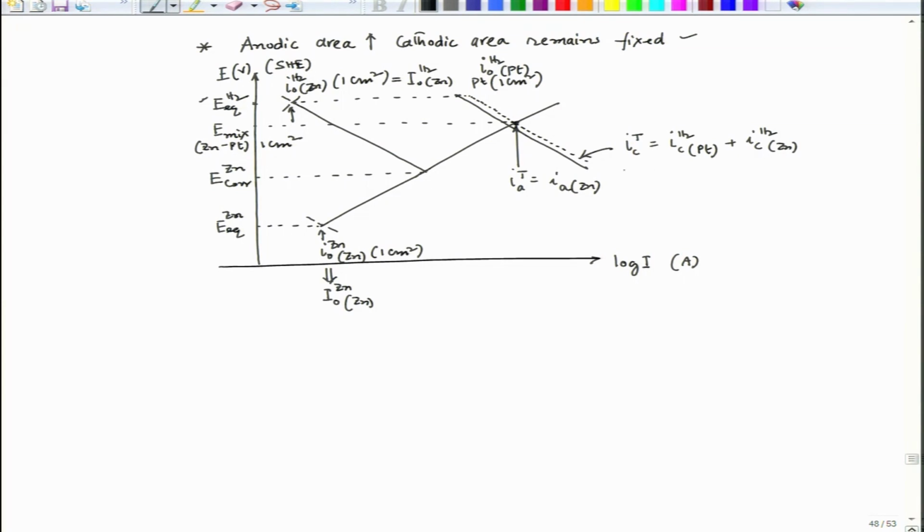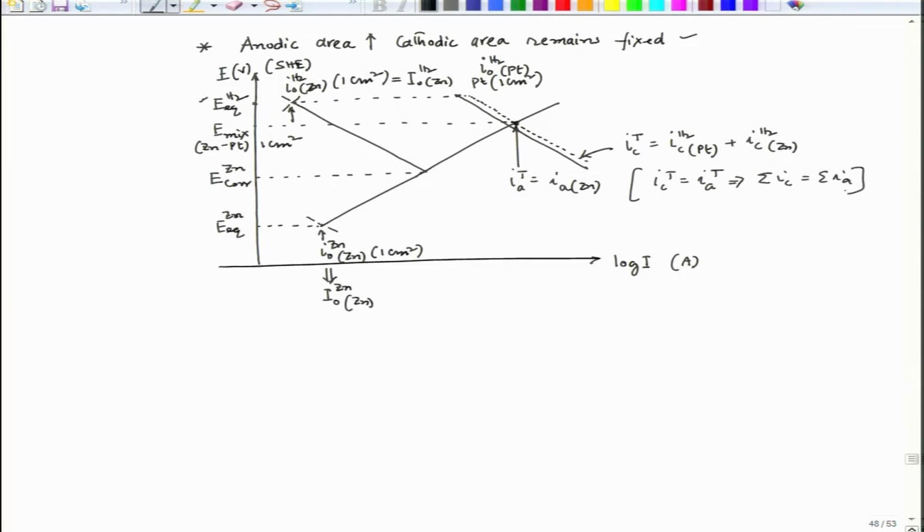So Ic total equals Ia total. We are expressing it in the form of Ic equal to Ia.